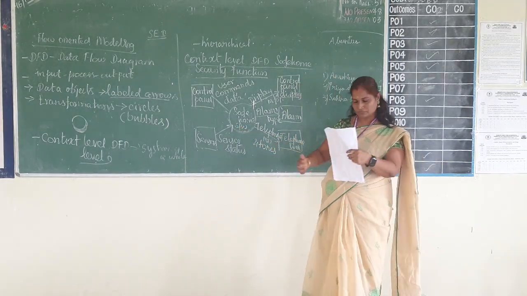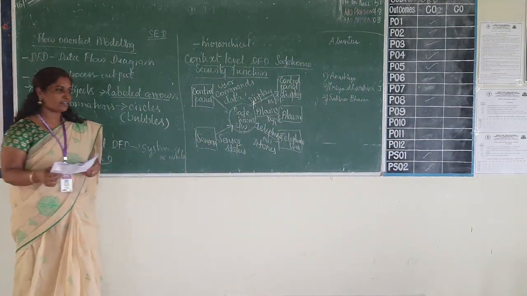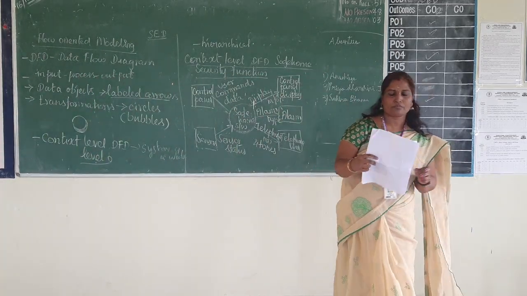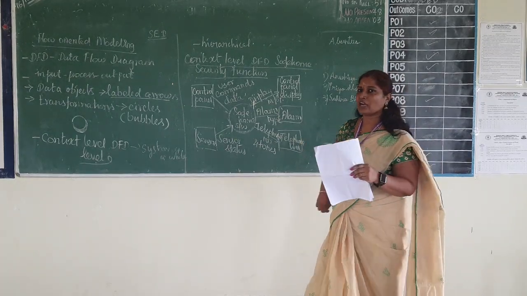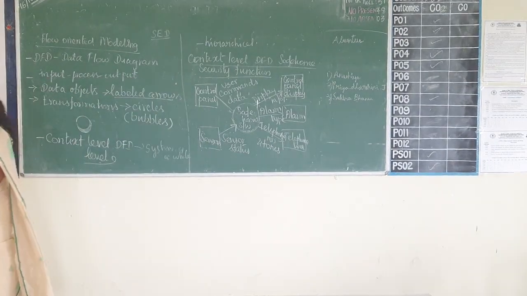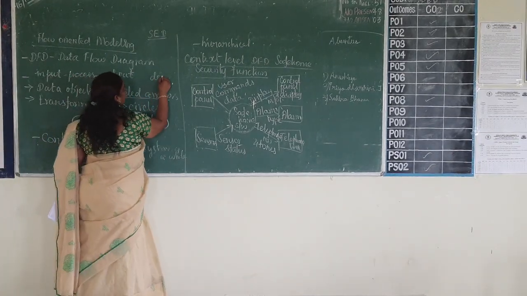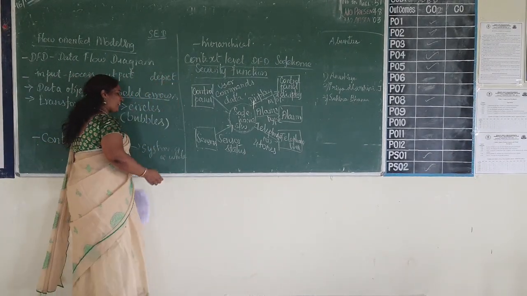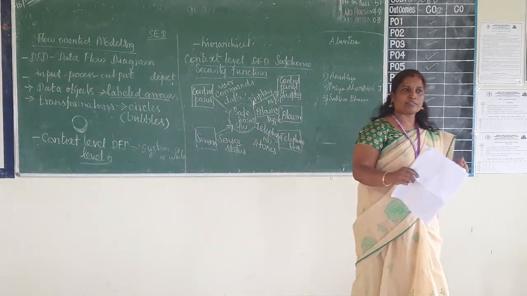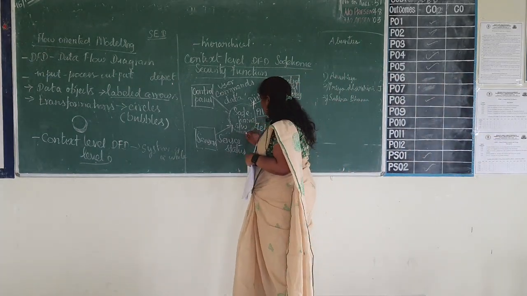Clear? Okay. So there are some guidelines for the data flow diagram. Please note down that this is very important. Number 1, the level 0 data flow diagram should depict, D-E-P-I-C-T, the software system as a single bubble.